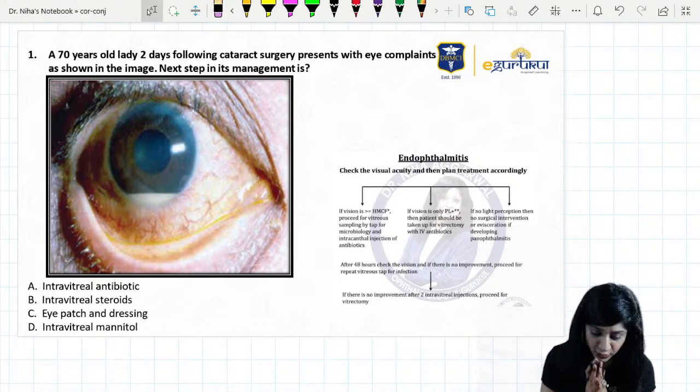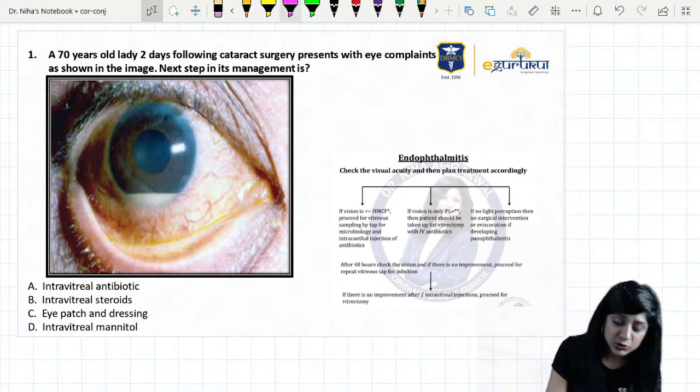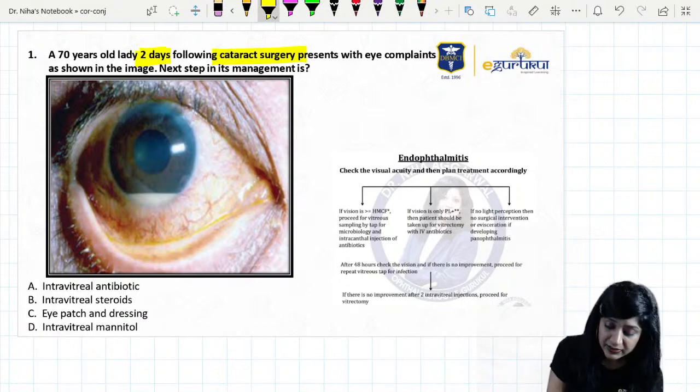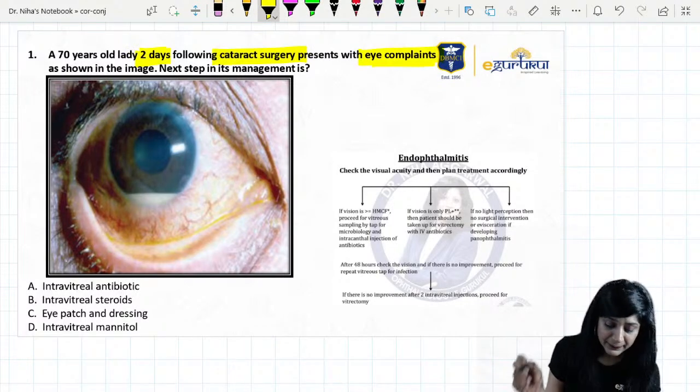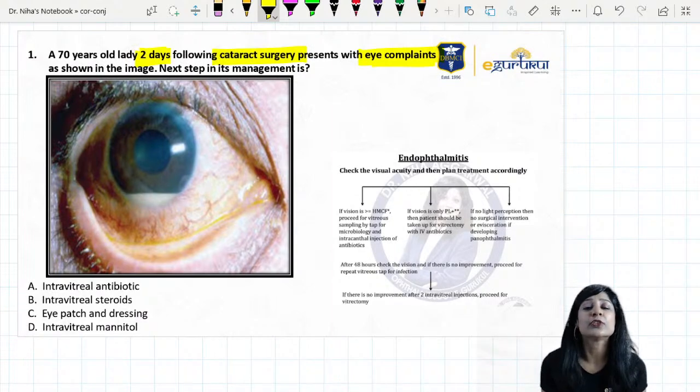So can you see, we have a 70 years old lady, a clinical scenario kind of question, 2 days following the cataract surgery and presenting with eye complaints. What is the answer? Anybody, guys? Guttae are found in the endothelium, yes, cornea guttata. So what will be the answer?